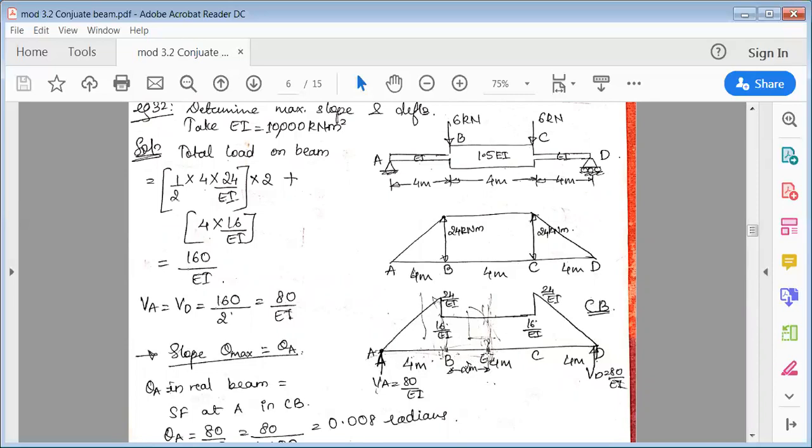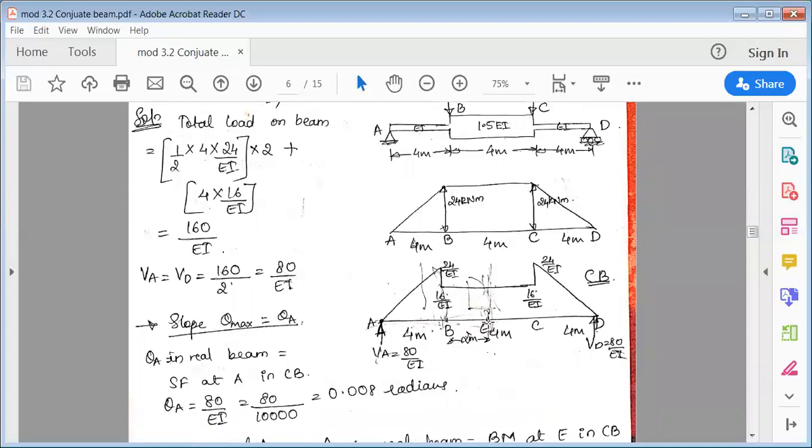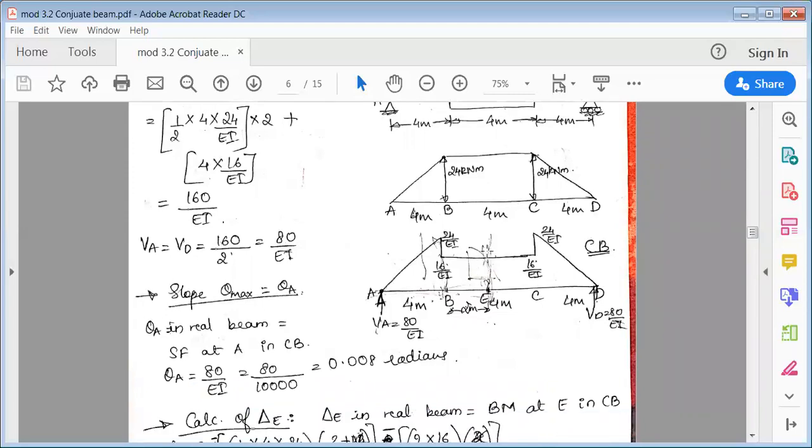Because it is exactly the center, and if you flip this over, it becomes symmetrical only at point E. So we are going to include an additional point, which is E here, and this E will get the maximum deflection. So that's why we'll write it here as delta E.